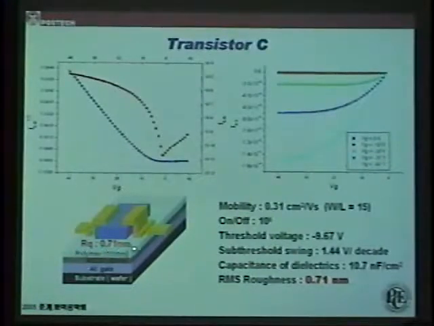Next. For the 7 angstrom case, the mobility is 0.31, and the on-off ratio of 10^6 is about the same as before.